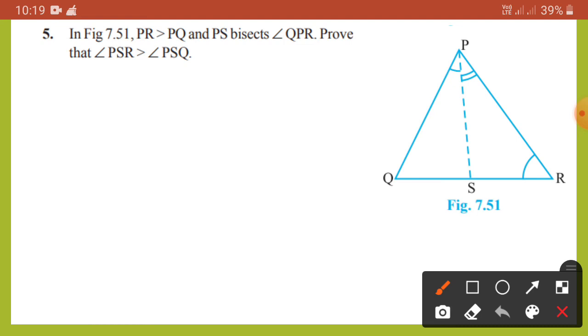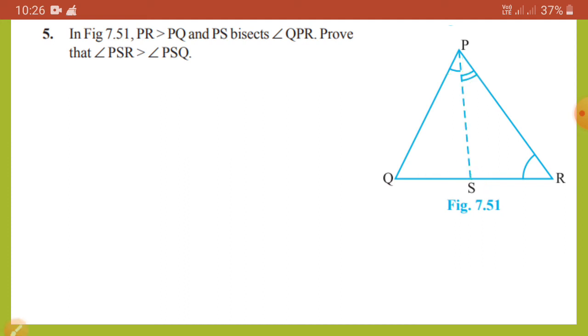Now question number 5. In this figure, PR is greater than PQ, and PS bisects angle QPR. Prove that angle PSR is greater than angle PSQ.